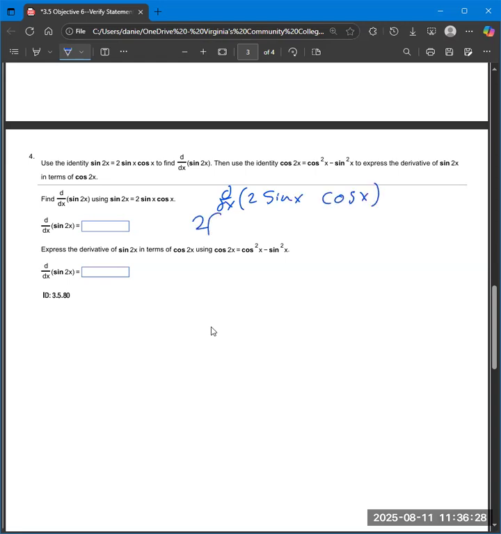So the 2 stays out front. Derivative of the first part, leaving the second part alone, plus derivative of the second part, leaving the first part alone, is going to be 2 times cosine squared minus sine squared. That's what they want here.